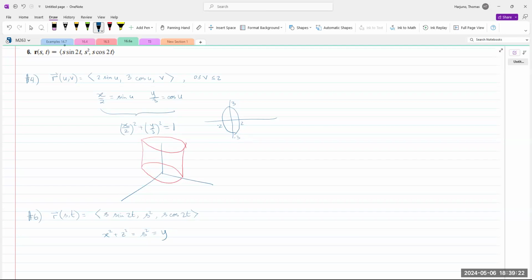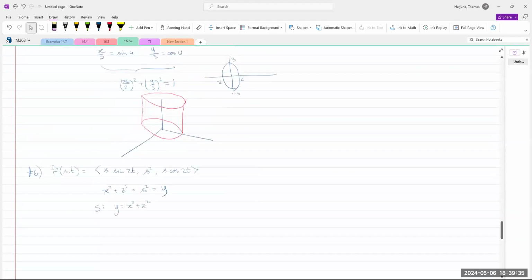Okay. So the surface can be written as y as a function of x squared plus z squared. Notice that this is actually a paraboloid, which opens in the y direction. If you have x and z give you r, theta, think of this as an inverted polar.